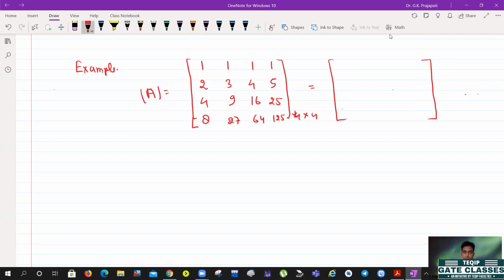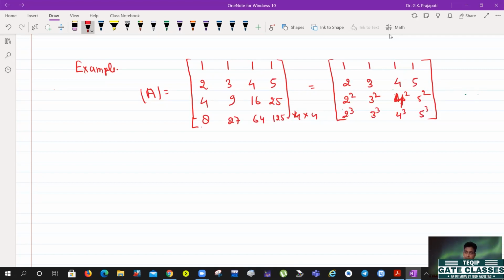So first of all, we convert it into a Vandermonde matrix form, that is 1, 1, 1 and 1. Here the elements of the second row will be the same, 2, 3, 4, 5, and the elements of the third row can be written as 2 square, 3 square, 4 square, and 5 square. Similarly, the elements of the fourth row can be written as 2 cube, 3 cube, 4 cube and 5 cube.